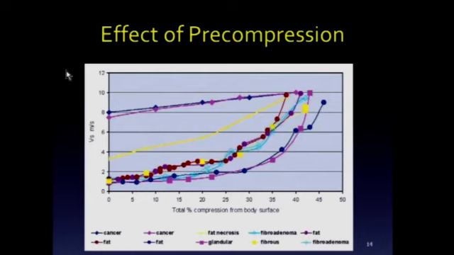So it's really important that you're able to control pre-compression, and we have our technique that we standardize in our lab of applying minimal pre-compression so that we're all doing things exactly the same to eliminate that effect and get more consistent results.